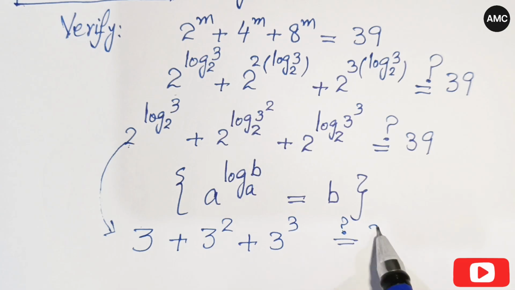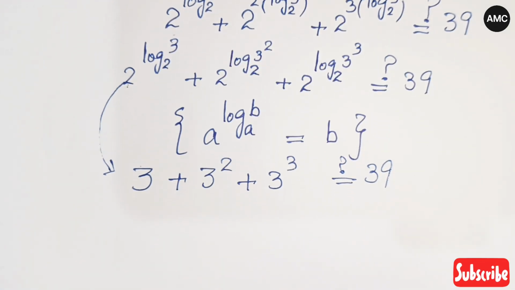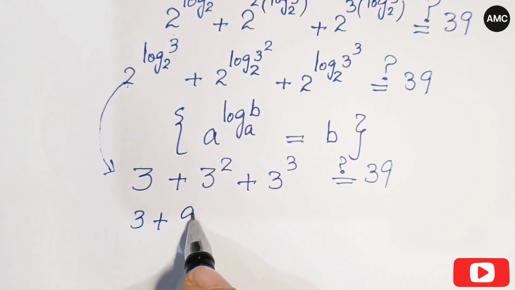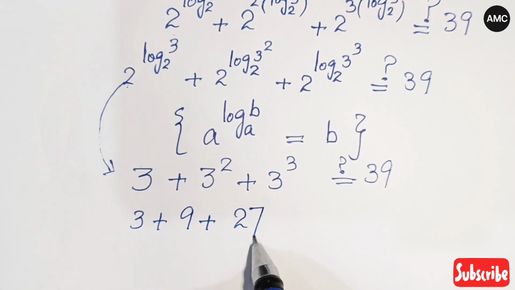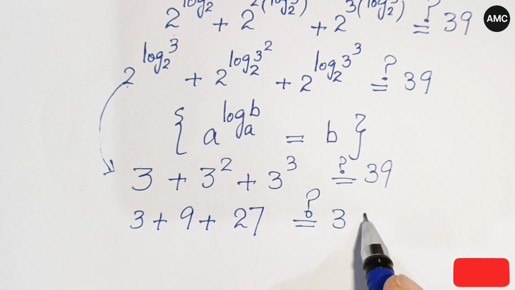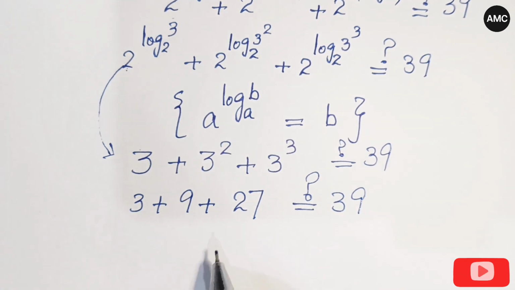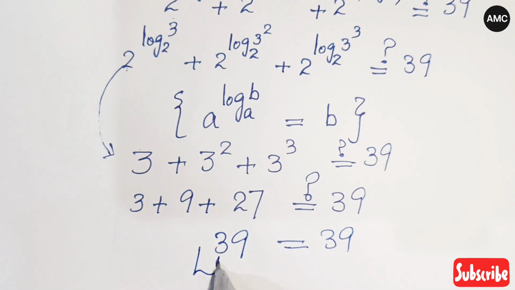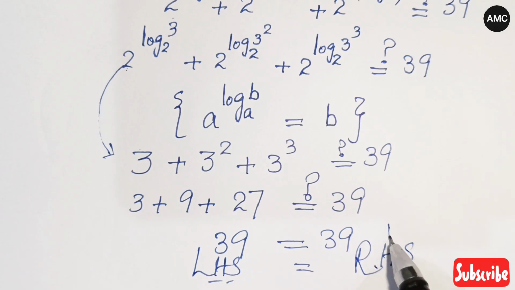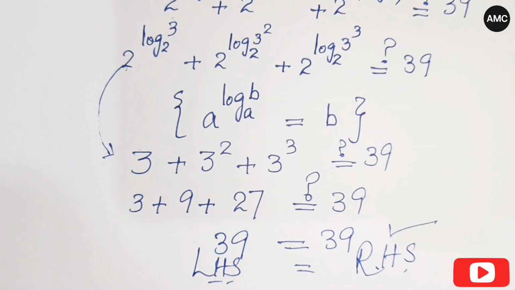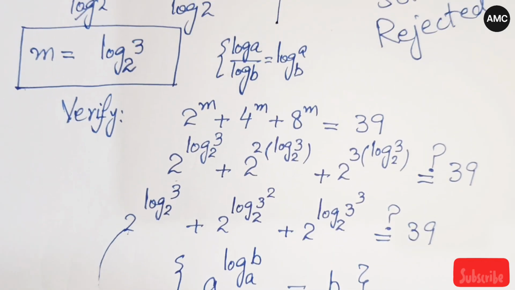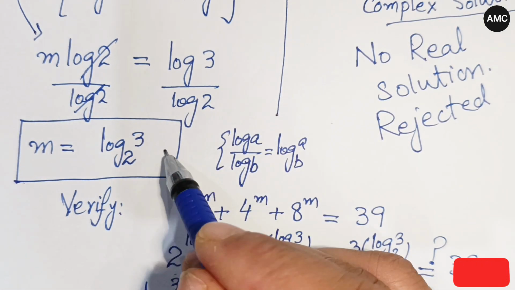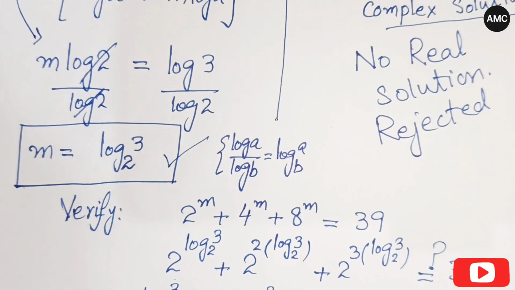Is it equal to 39? Now 3 plus 3 squared is 9 plus 3 cubed is 27. Is it equal to 39? And yes, adding 27 plus 3 is 30, plus 9 is 39, we get 39 is equal to 39. So the left hand side of this equation is equal to the right hand side. Hence we prove that our value of m, which is log 3 to base 2, is true for this problem.